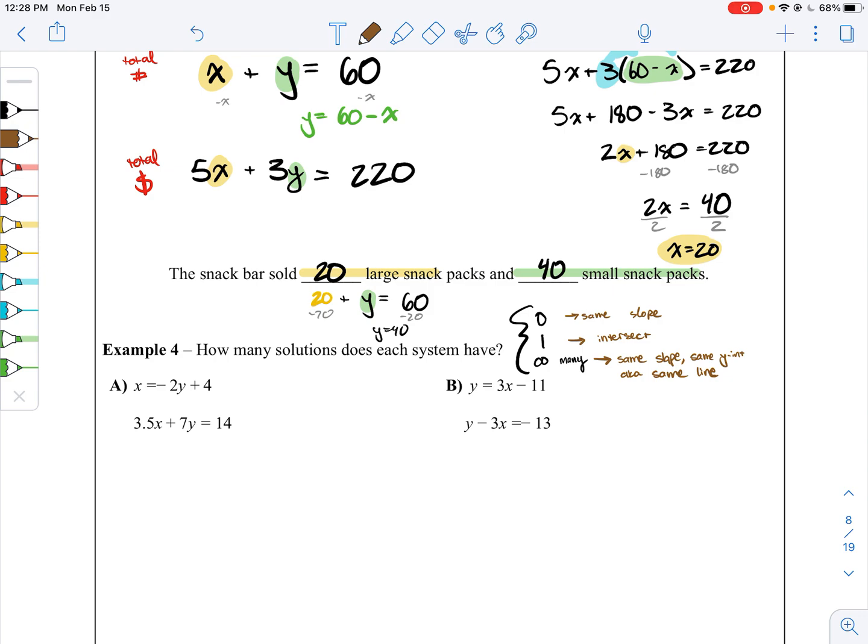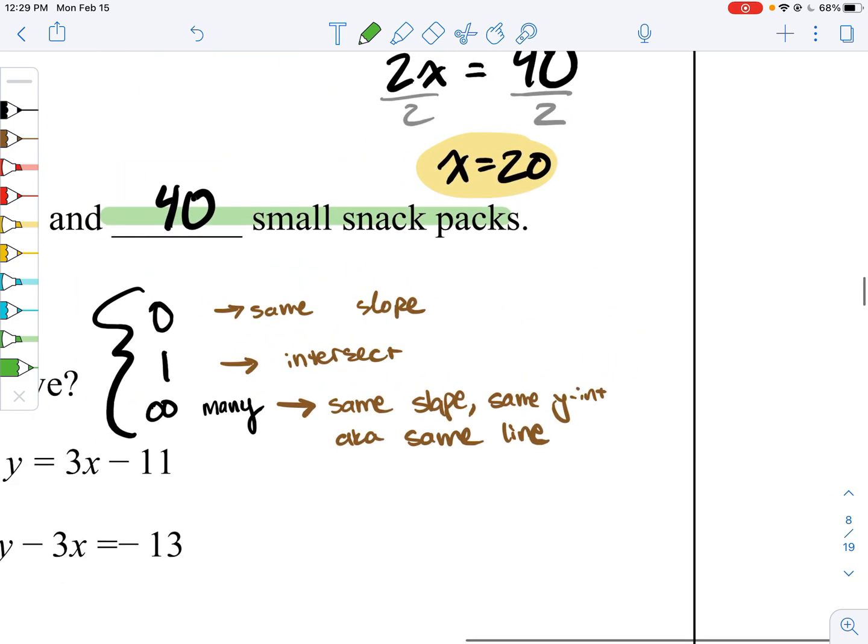We're going to do that same kind of deal here, except instead of graphing each line and seeing what happens, the best way to find the solution is to just solve for y. Because if you want to find out the slope and the y-intercept, just put it in y equals mx plus b form.